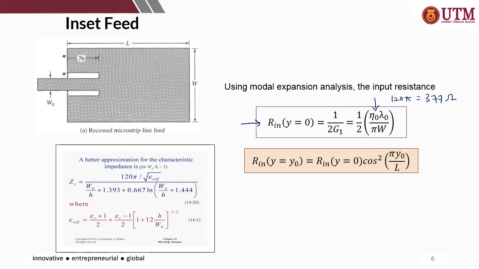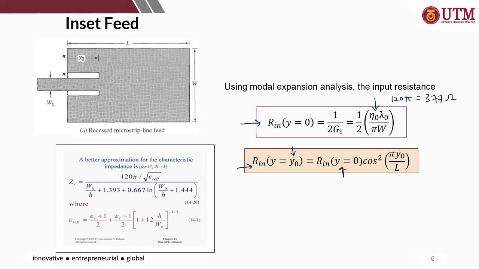Alright, so for the input resistance when the inset feed point is varied, it is equal to R in at y equal to y naught, the new inset position.